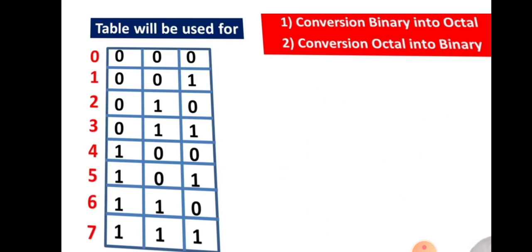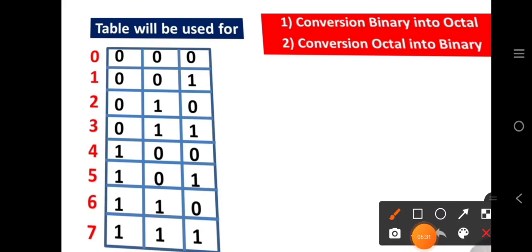There are 3 columns and 8 rows, as it is an octal conversion, octal to binary and binary to octal. The rows are 8. So in the first column we will write 4 zeros and 4 ones. Then in the second column we will write 2 zeros and 2 ones, again 2 zeros and 2 ones, and in the last column we will write alternate 0 1 0 1 0 1 0 1.